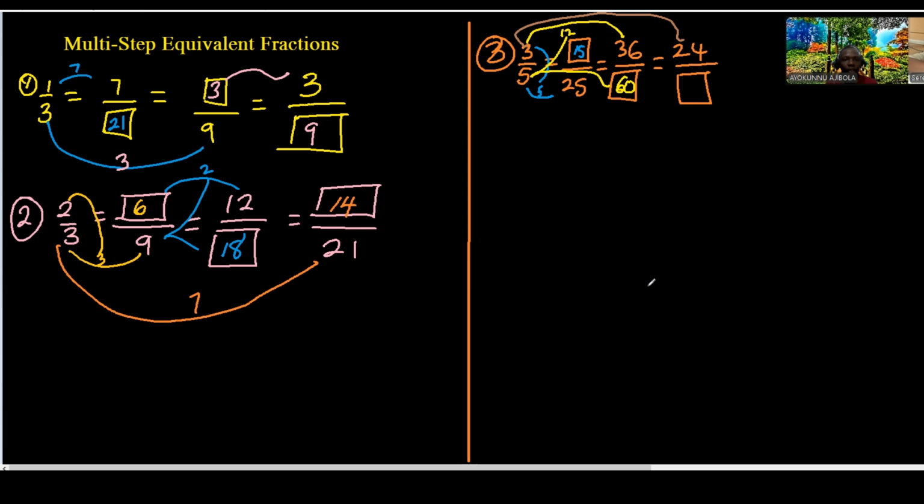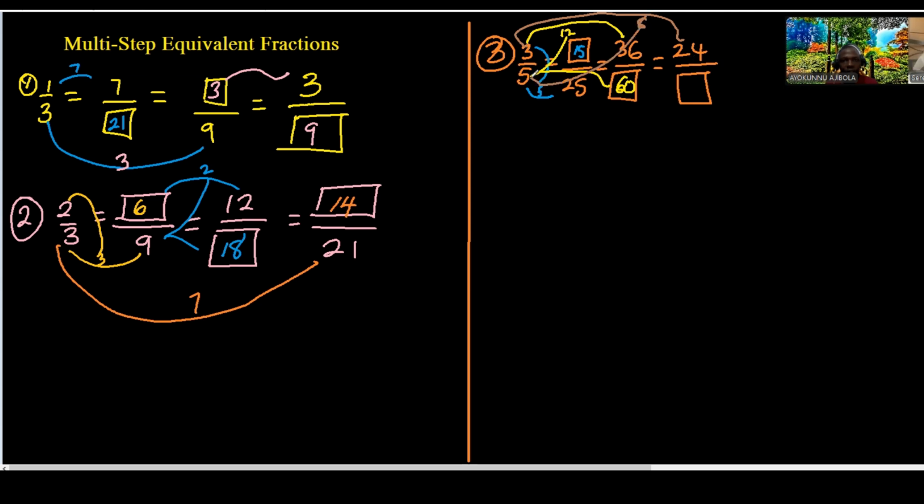3 times what gives 24? Three times six. Yeah, 3 times 6 is 18, but 3 times 8 is 24, okay? So 3 times 8.